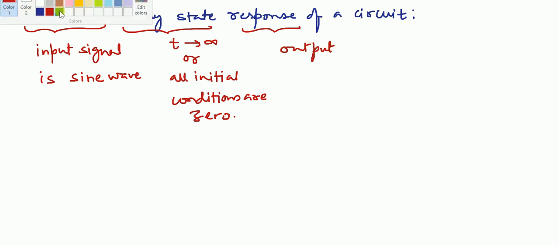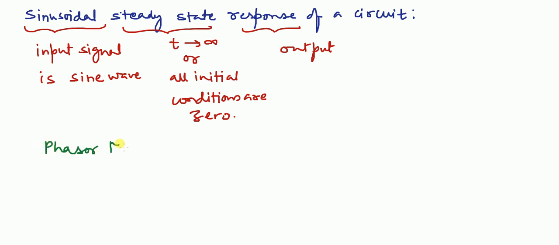Now to find the steady state response of a circuit, we will use Phasor method. In Phasor method, first of all, we will write input signal, input voltage or current, in Phasor form.